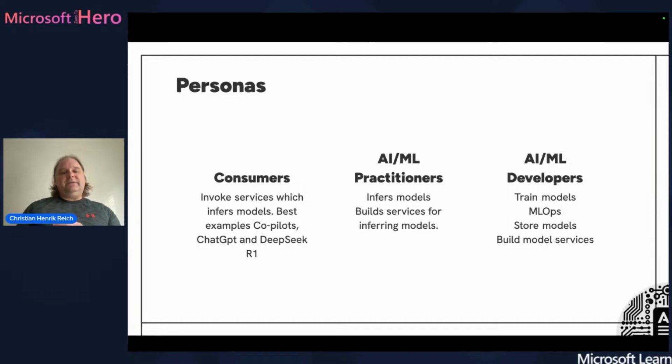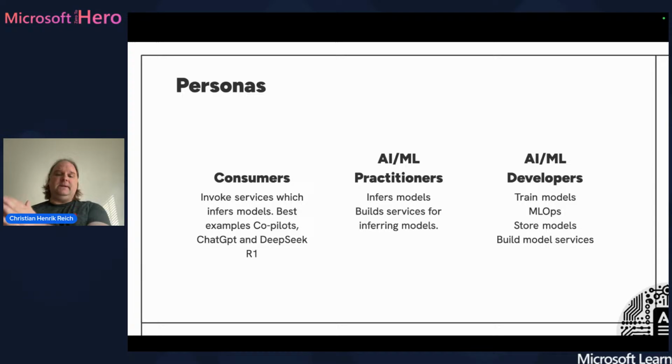But over the 2 years, as I said, the world has moved, and now we actually have, as I see it, 3 categories of AI practitioners. We have the consumers, and that will be like people who are using Copilots, ChatGPT, and models like that. So they are consumers of services.